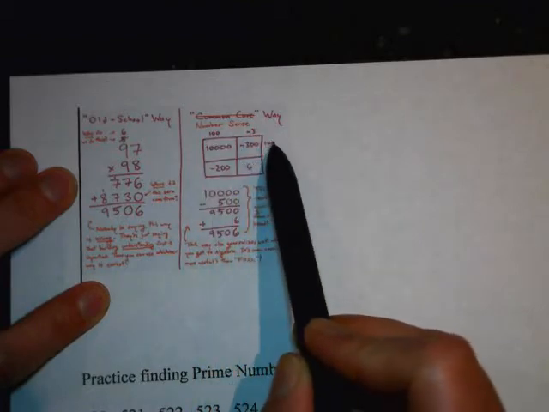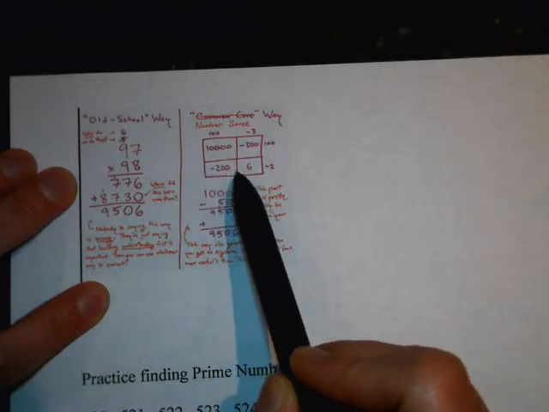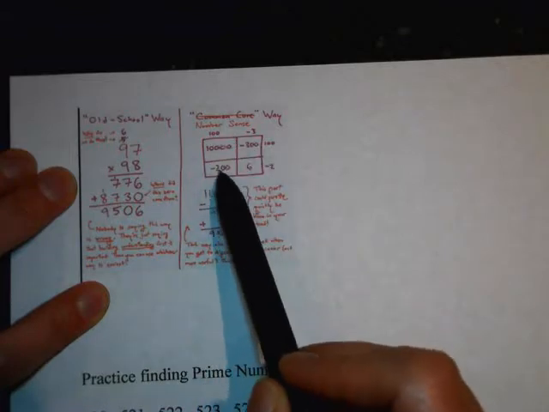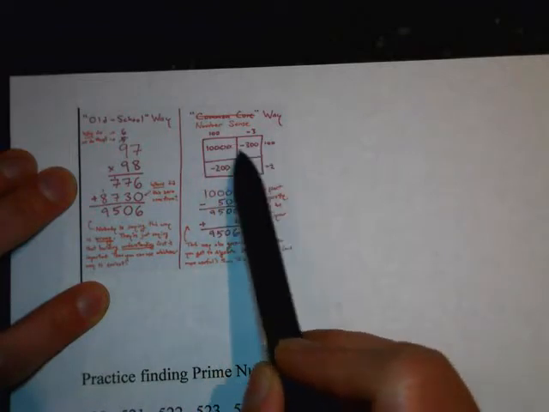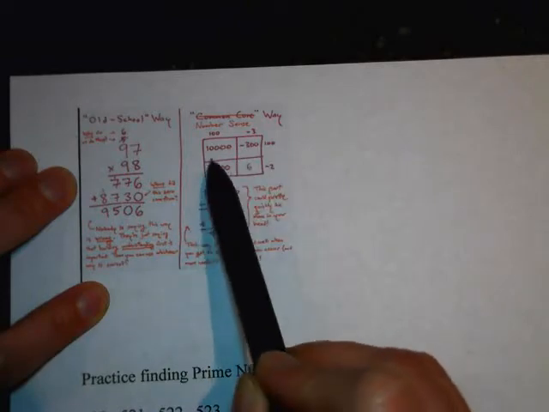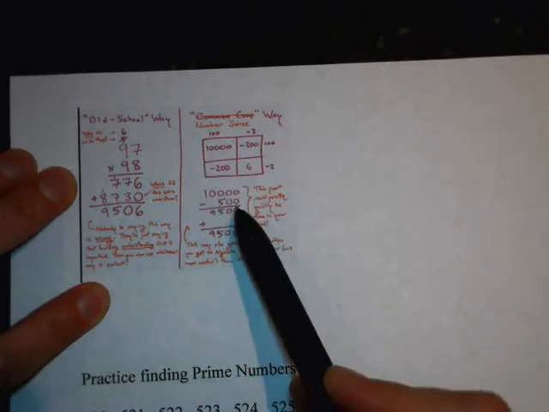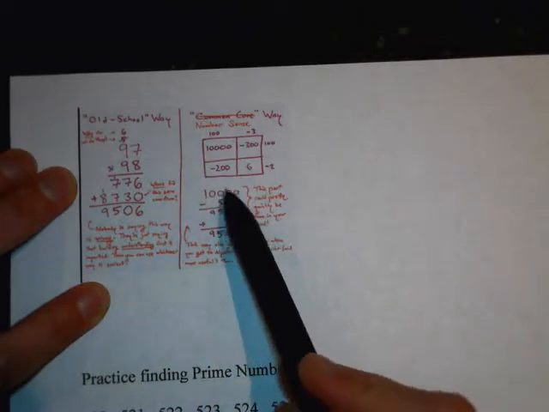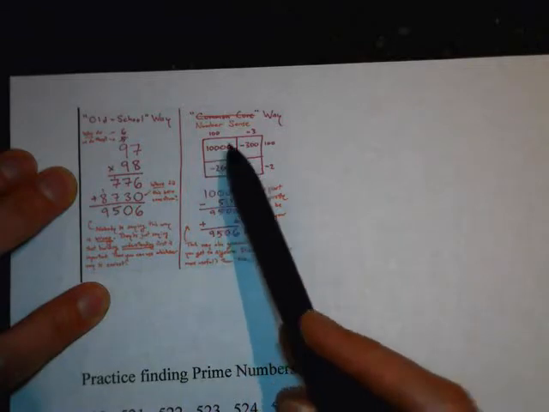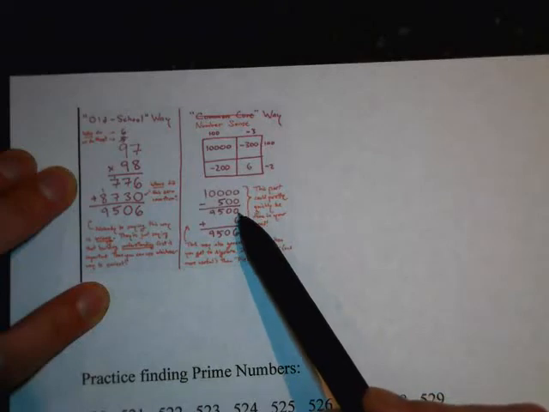Then they just do the multiplication like I showed you, so you can see the boxes. So this is 10,000 minus 500, so there's the 9,500 plus 6. So it's kind of cool.